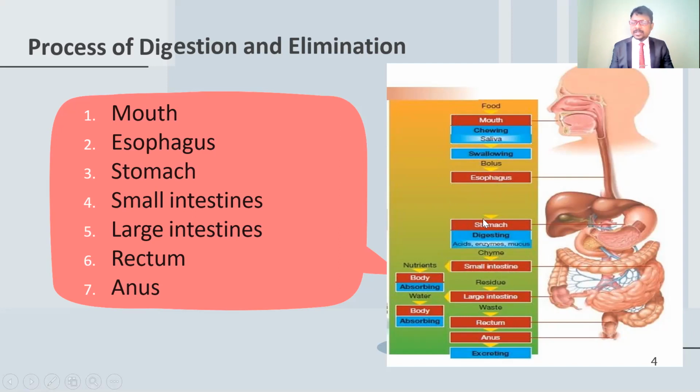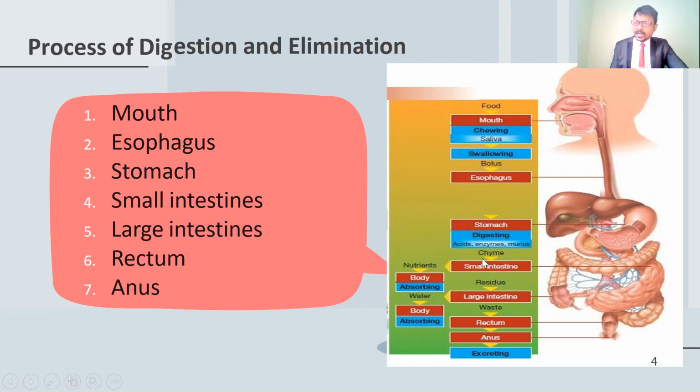In the stomach, digestion takes place with the help of enzymes, acid, and mucus. The food is digested and becomes chyme, which is in a liquid form. It then enters the small intestine, where the nutrients are absorbed into the bloodstream.